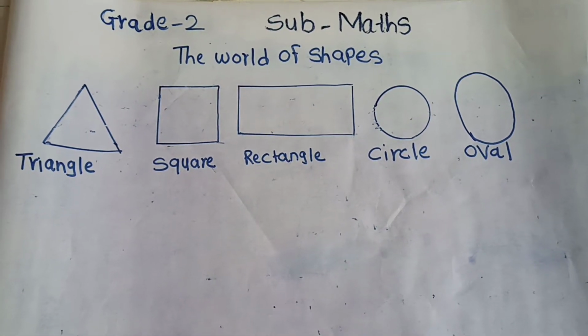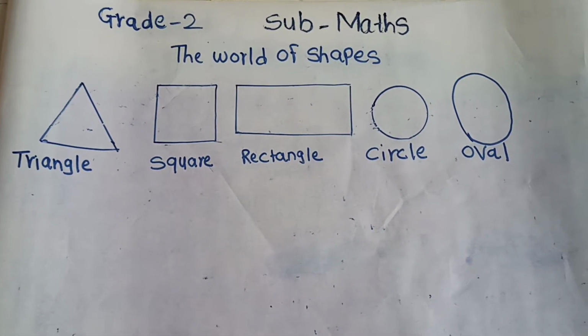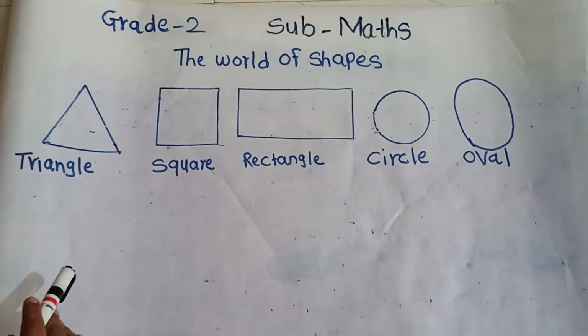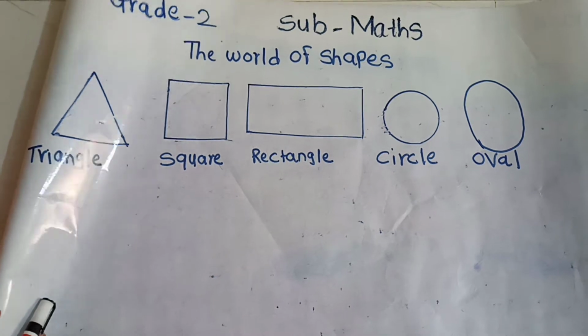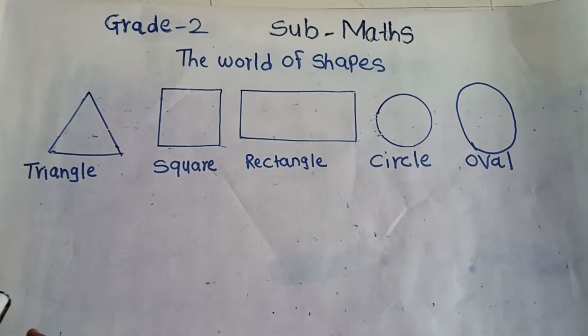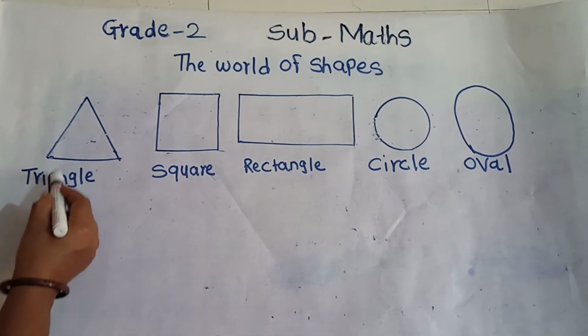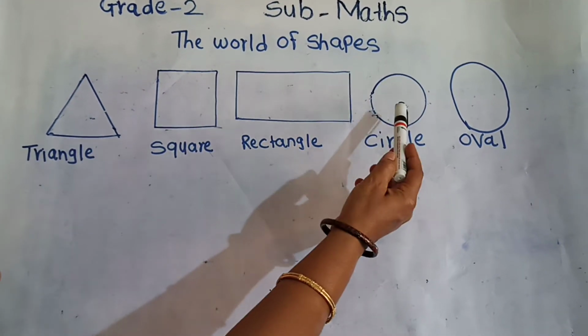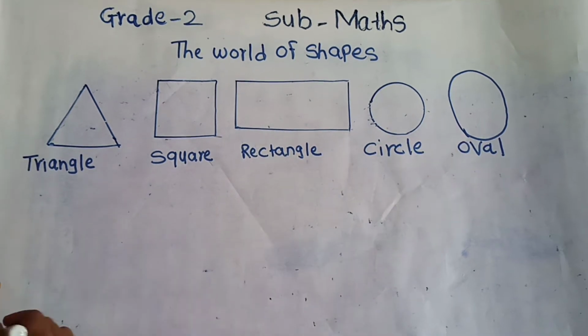Today we are going to start a new chapter, that is the world of shapes. Children, last year you have learned about the different shapes like triangle, square, rectangle, circle, oval.